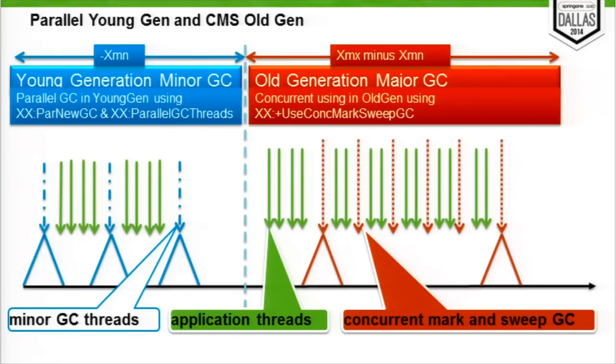But when this runs, it still blocks. Over here, it's not that bad. It's concurrent. It runs alongside your application threads. But this happens in a span of hours. This is happening in milliseconds and seconds, and you really don't have much space. So eliminating these turns out to be a pretty good technique for improving the speed of your application.